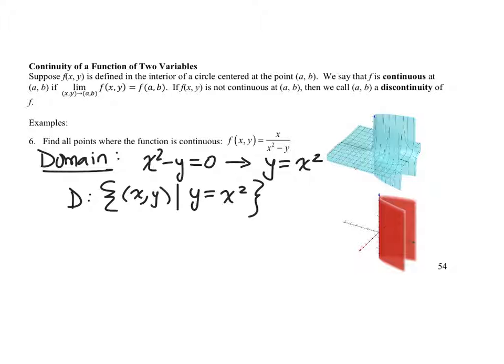Whatever x is, square it, that's going to be equal to y, that's going to be the restriction to this function. So what I did was I actually graphed on GeoGebra the original function and then the restriction, all right? So in order for this graph to exist, every x and y value has to follow this pathway.